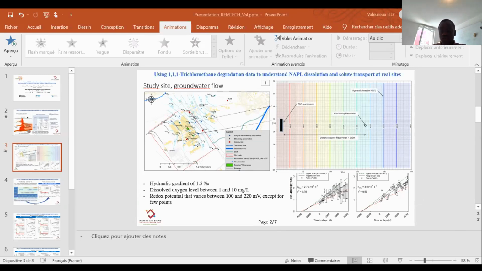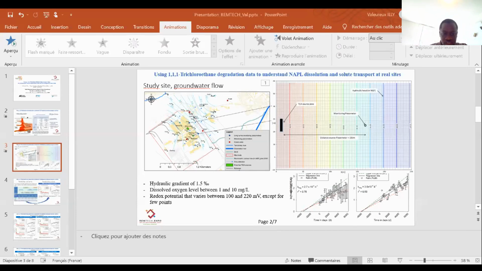If we do that, we were able to go back to the origin of the contamination on both piezometers. It gave us the year 1990 as the origin of the contamination on both piezometers, with a difference of a few months.